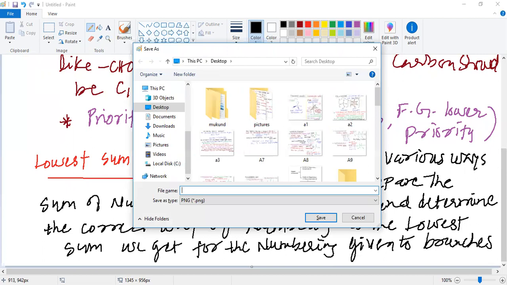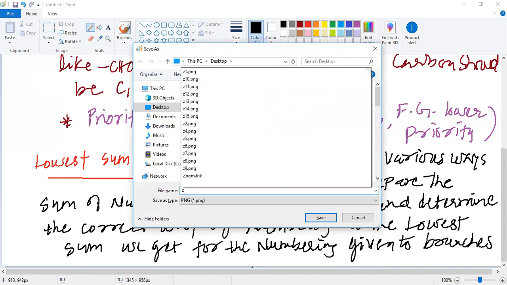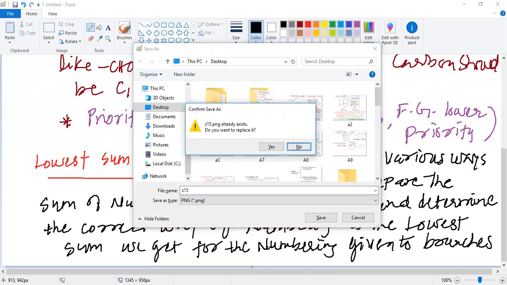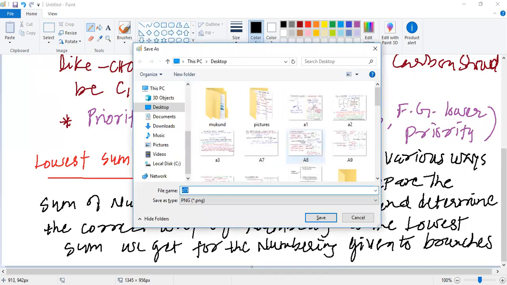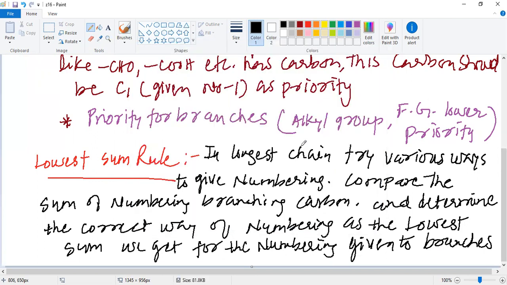Now there is one more criteria that we need to understand, and that criteria is interesting to study, my dear students.